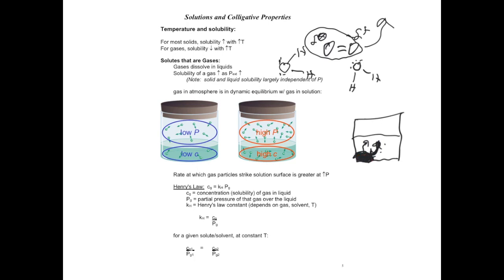So the reason why increasing the temperature helps to get things into solution is that it helps the solid to break apart and reform new interactions with the water or the liquid. In the case of a gas, that's not needed. Temperature will only disrupt the interaction that takes place between the gas and the liquid. Increasing the temperature increases the kinetic energy, which allows this oxygen to float off.